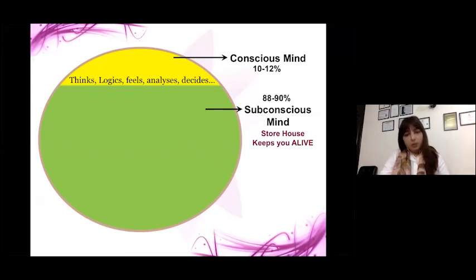The moment you are born, not only the time you were born, even before that, when you were conceived by your mother, when you were in your mother's womb, from that time onwards, your mind is recording every single detail of your life. What you heard, what you felt, what you saw, each and everything is stored in your subconscious mind. Okay, isn't it amazing?